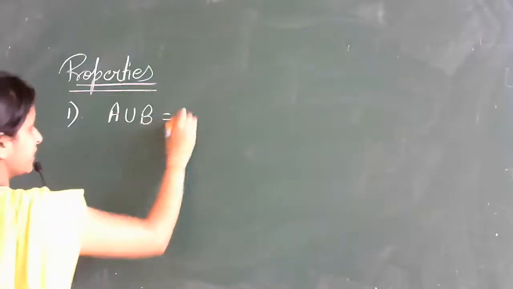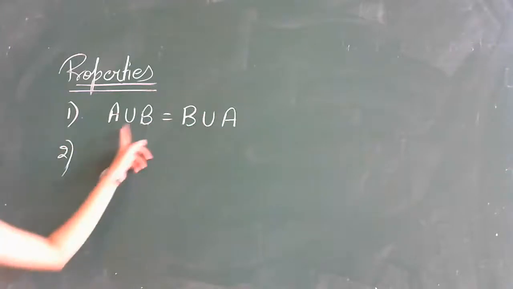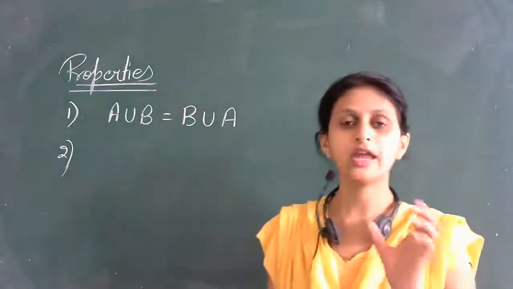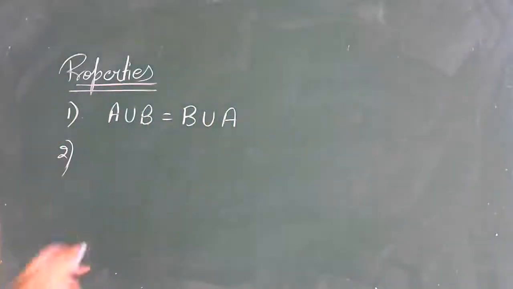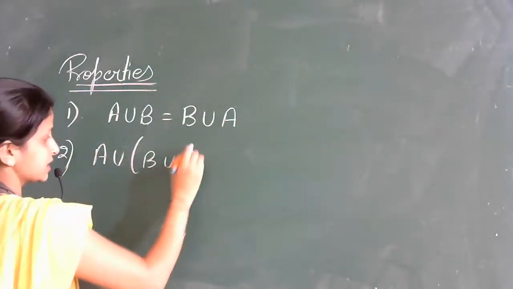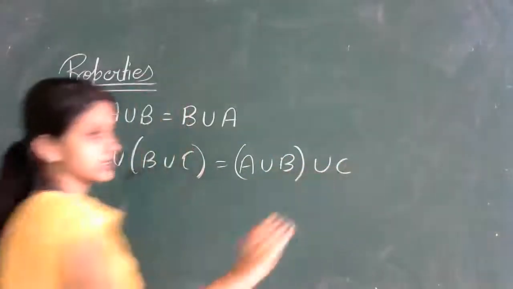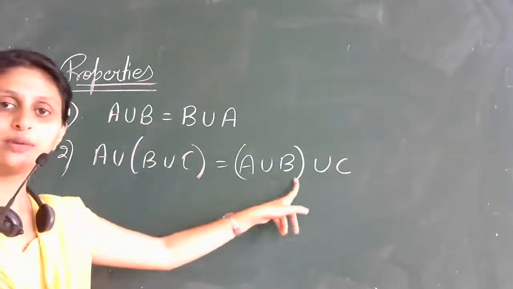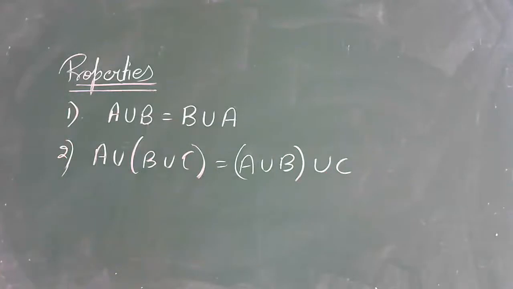A union B will always be equal to B union A. Order will not matter, whether you take A first or B first. So A union B will always be equal to B union A. This is the commutative law. Second one, associative. (A union B) union C will be equal to A union (B union C). So this is the associative law with respect to sets.